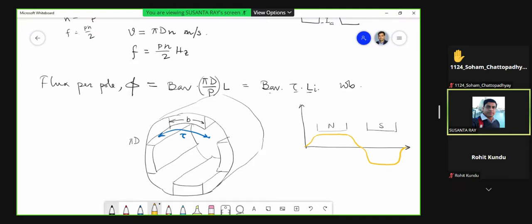Now, if I see the flux density distribution, it is not uniform at all. But if we take an average value of this, that is basically the B average. B average is the average value, not the peak value of this flux density distribution.